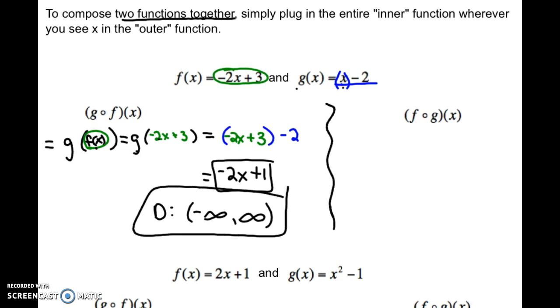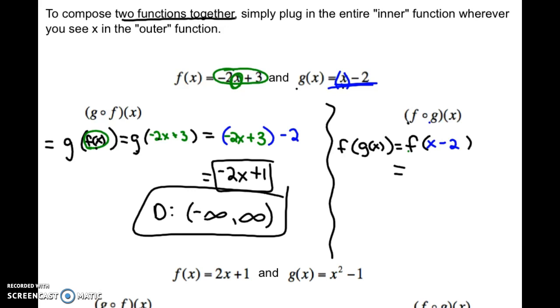So let's try the problem on the other side. Here f is first, so f of g of x means f of, and for the g, we plug in x minus 2. Now f says do negative 2 times your whole parenthesis thing plus 3.